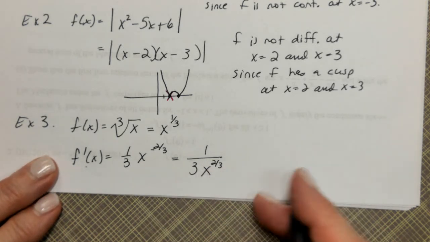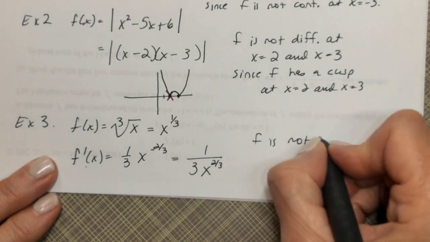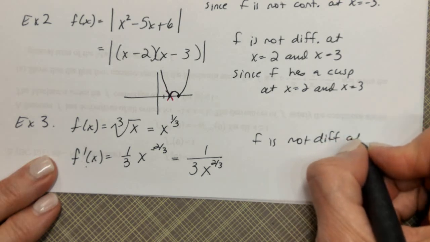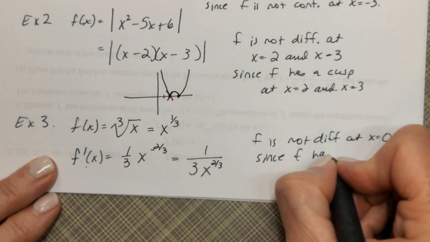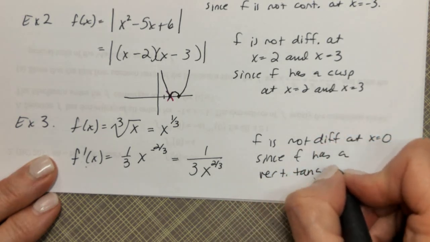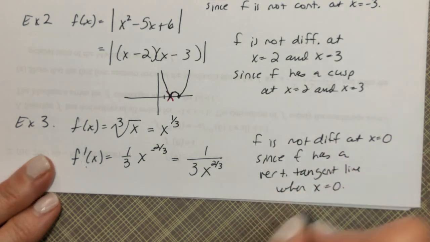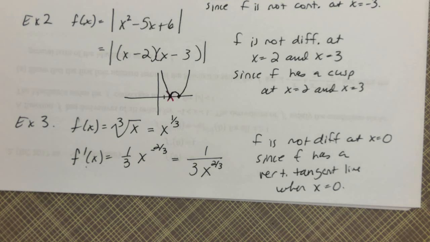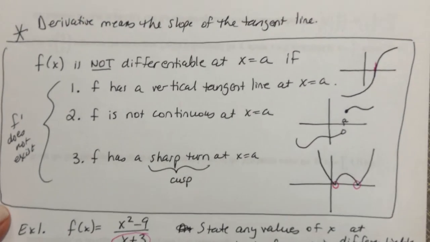That's a vertical tangent line. So f is not differentiable at x equals 0, since f has a vertical tangent line when x is 0. Okay? Alrighty. So that is the power rule for derivatives and the concept of differentiability.